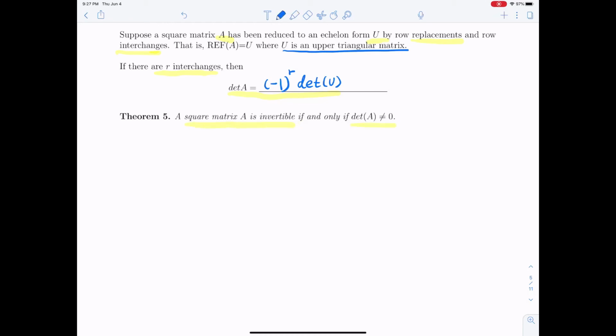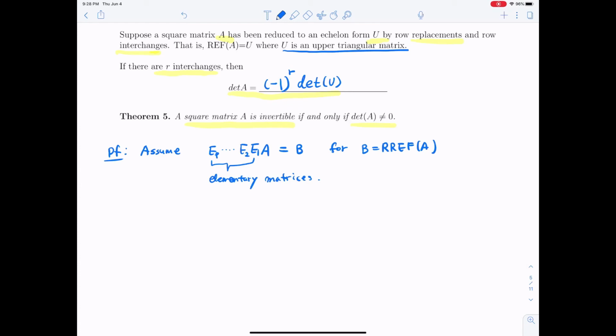So let us prove this theorem. So suppose that you reduce A to get an upper triangular matrix B. So here, B equals the reduced row echelon form of A, and the E sub i's are elementary matrices. Then there are two different cases.